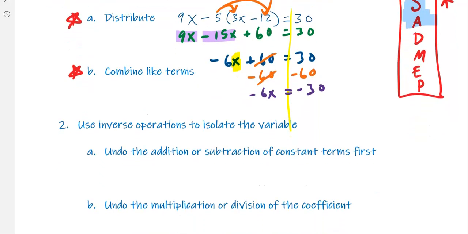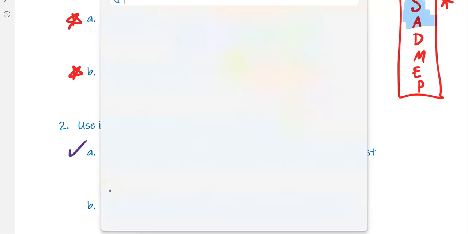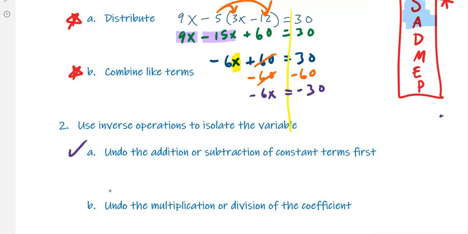And then after that, we're going to undo the multiplication or division of the coefficient. So we can see here we have negative 6 times x equals negative 30. So we have to undo that multiplication of negative 6.